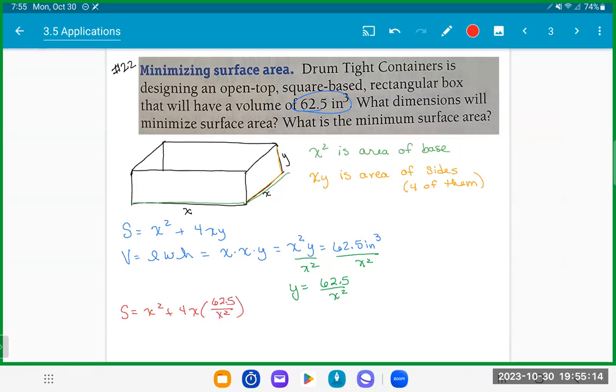One of the x's in the denominator will cancel, and we're left with x squared plus 4 times 62.5 over x. 4 times 62.5 is 250 over x, but I'm going to move that x up here so it's x to the negative 1.